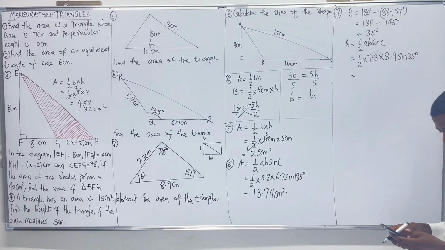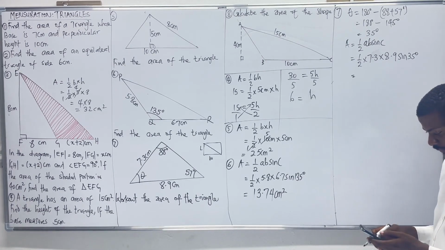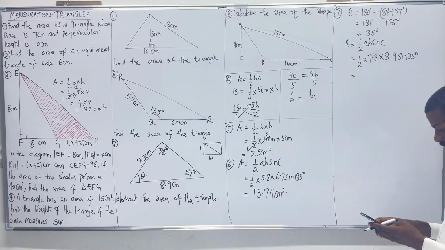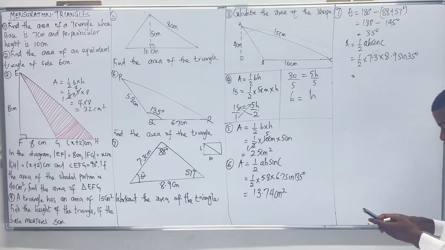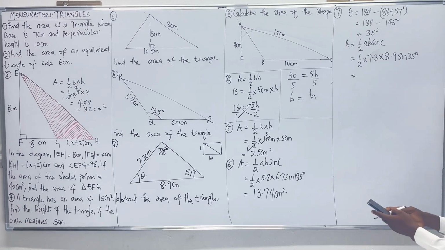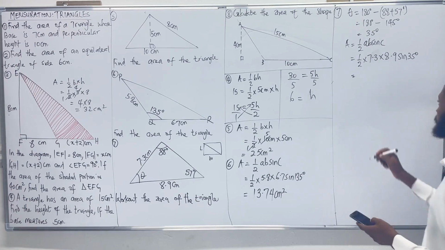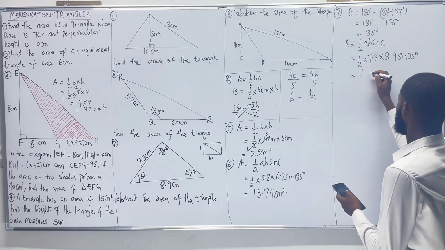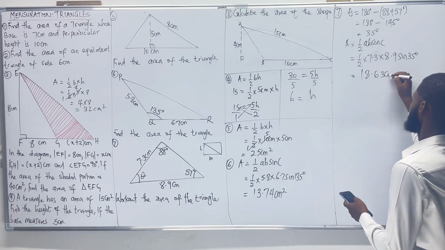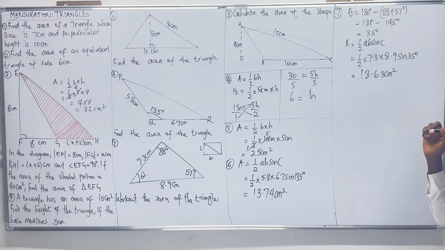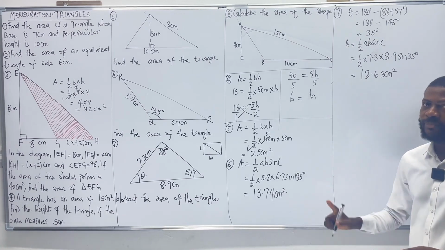All right, so we're just going to use a calculator for this. So we have 0.5 times 7.3 times 8.9 times sine 35. All right, so this is 18.63 centimeters squared. So that's the area of this very shape.